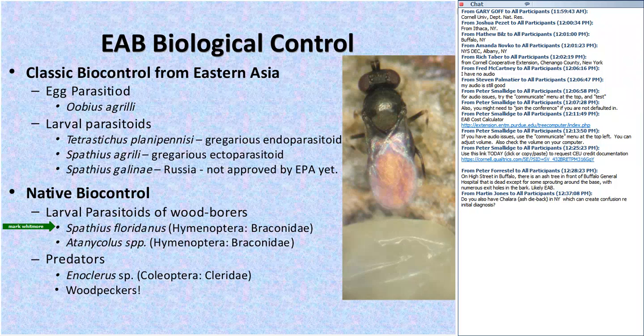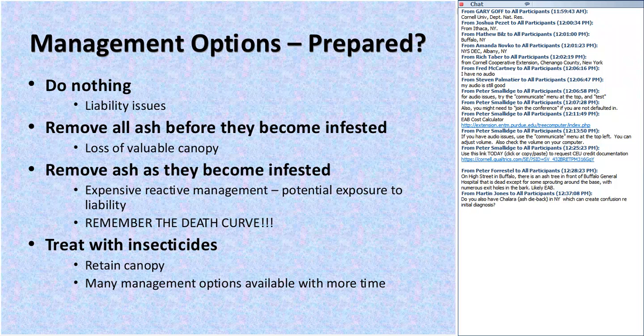I've found Spathius floridanus in the Rochester area, as well as predators, a genus of predators in the subcortical habitat, and woodpeckers as well. So once again, adding it up, you might some time in the future get control of the emerald ash borer. When that will be, we can't really say.